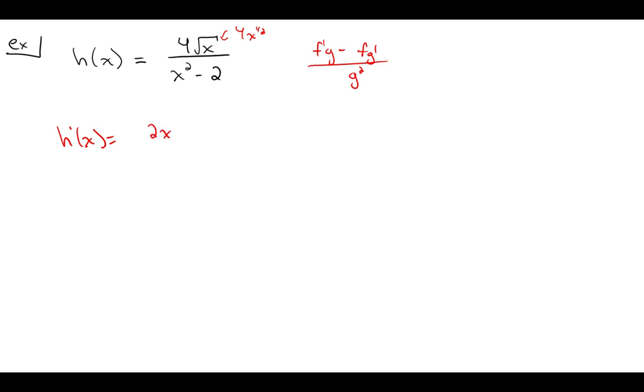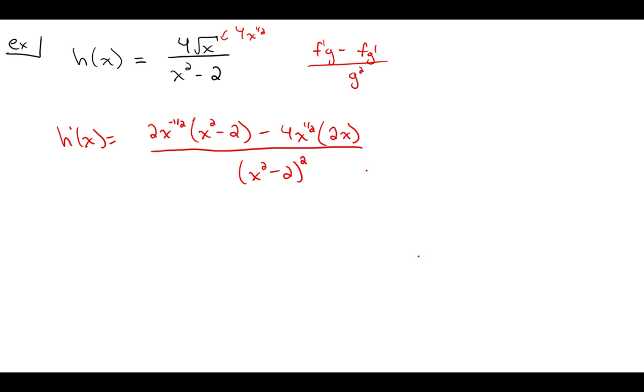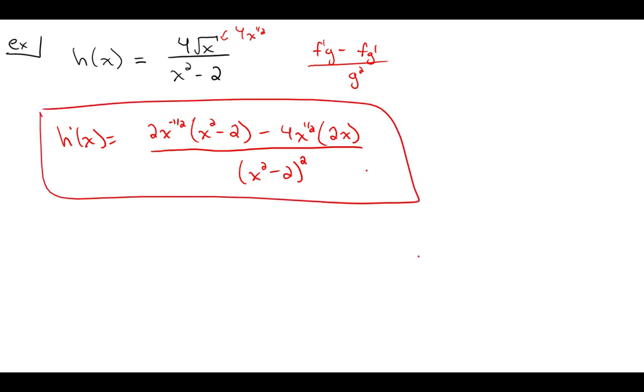So 2x to the negative a half times our original bottom, x squared minus 2, minus original top, 4x to the 1/2, times the derivative of the bottom, which is just 2x, all over the original bottom squared, x squared minus 2 quantity squared. Again, leave it just like that.